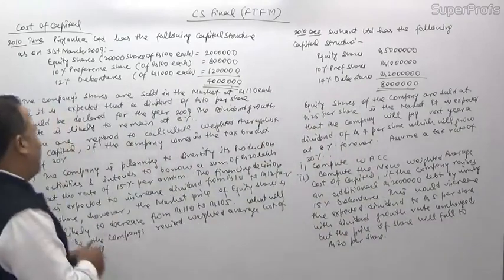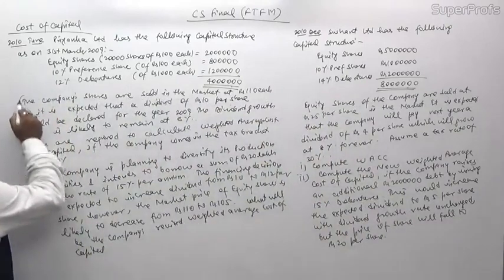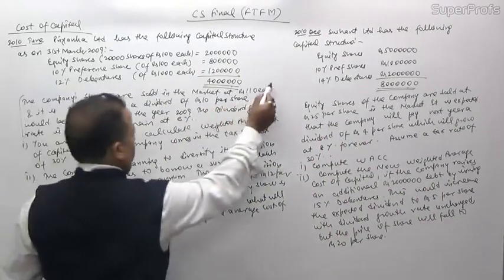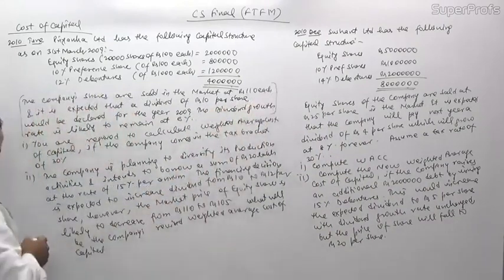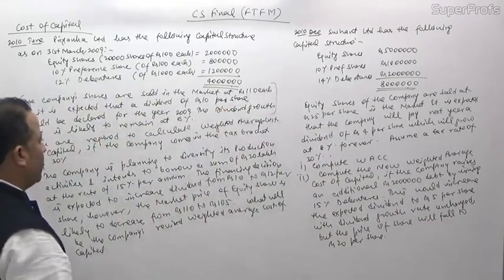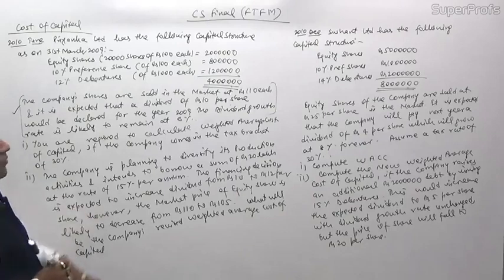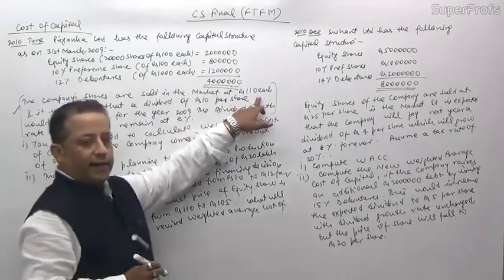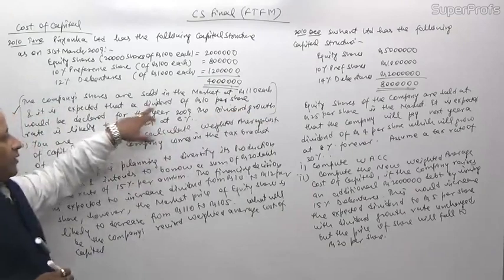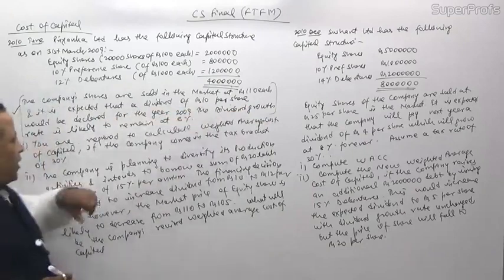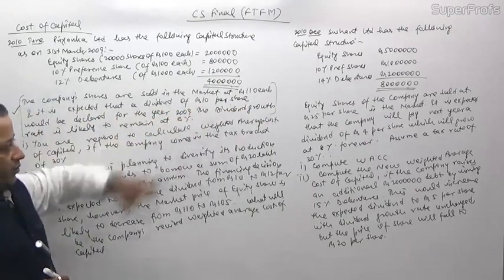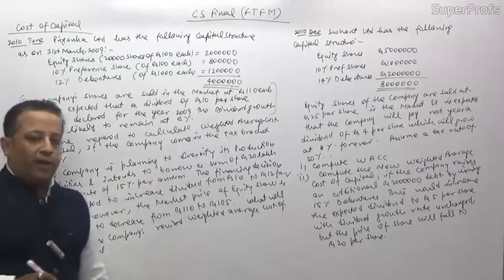So this paragraph consists of information about equity shares: the market price is rupees 110, the next expected dividend is rupees 10 per share for the year 2009, and the growth rate is expected to be 6%.